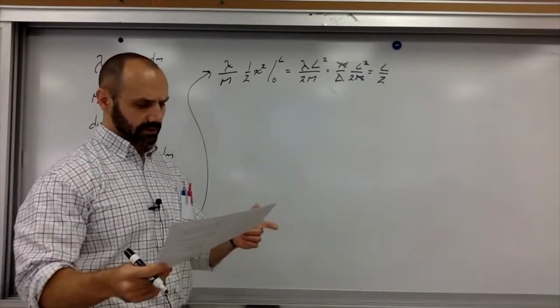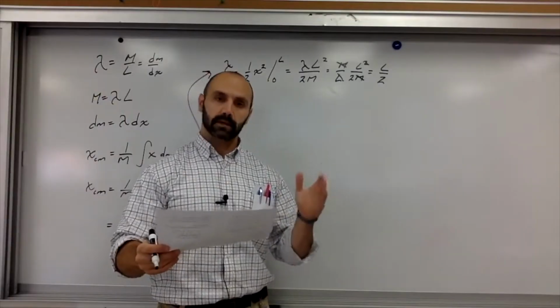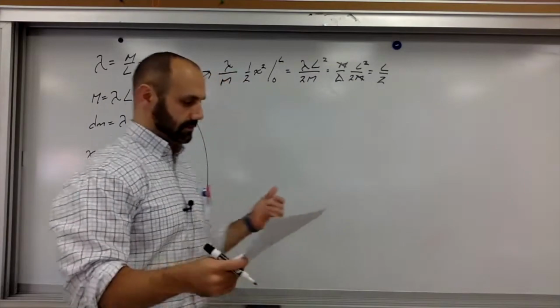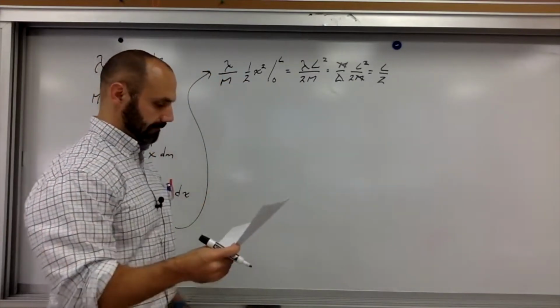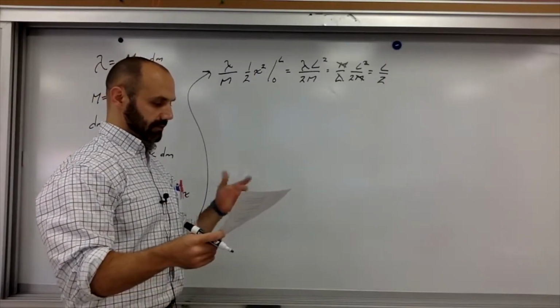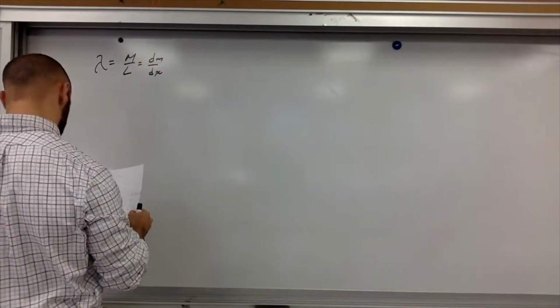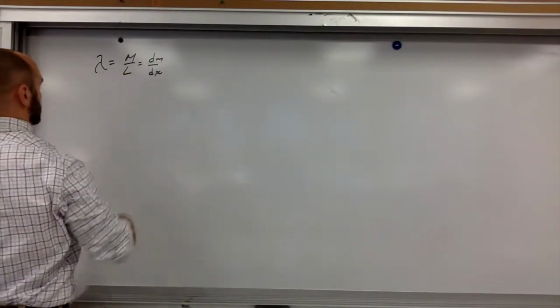Right, but now let's do this a little differently. Now we want to say that lambda is not just a constant, that we have a function for lambda, okay? Where lambda is equal to alpha x, where alpha is some constant. So again, we have that lambda is m over L, all these things.